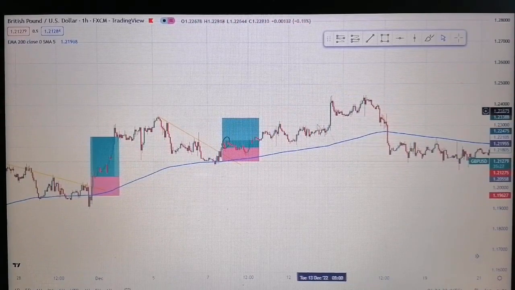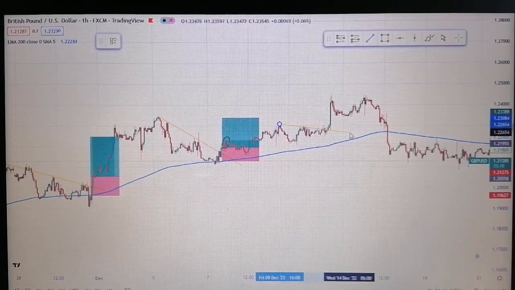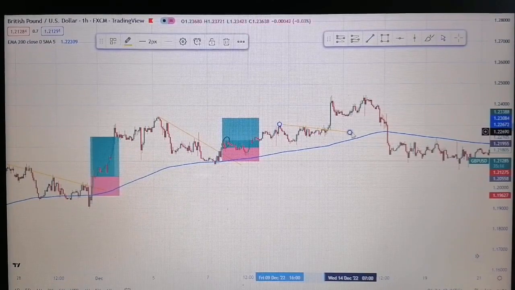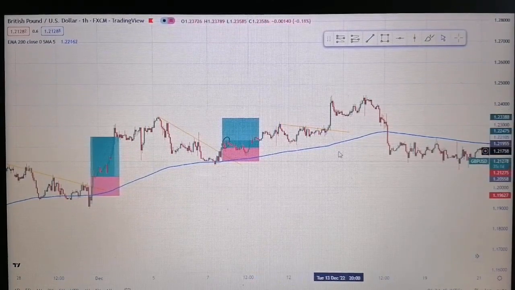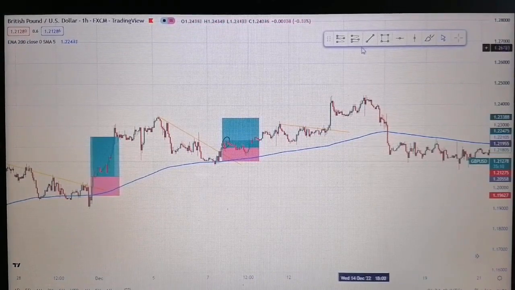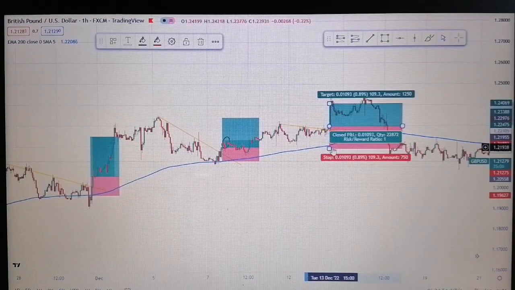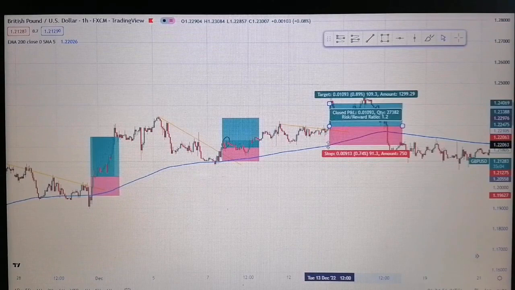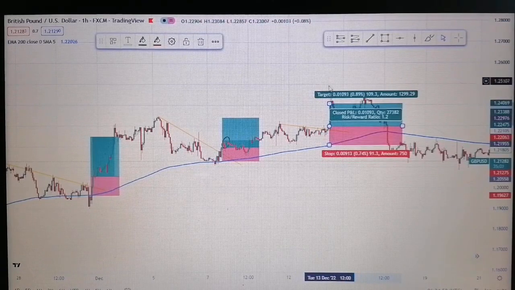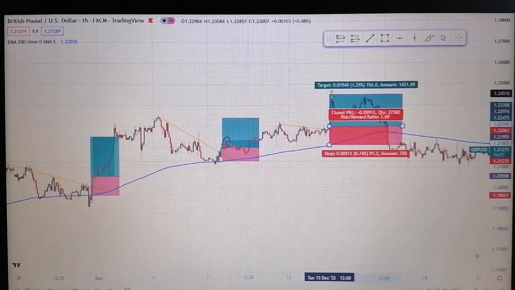Where else do we have 3 touches? 1, 2, 3. A trend line is valid, so you can draw a trend line. And since price is above the 200 period moving average, when price closes above the trend line, you take a trade right here. Put your stop loss at the 200 period moving average, and you take profit of 1:2.